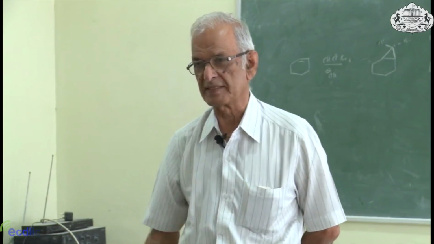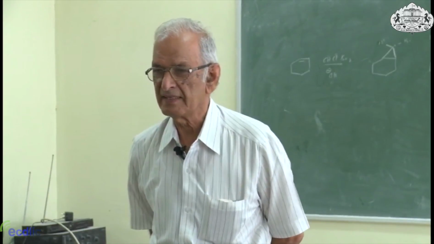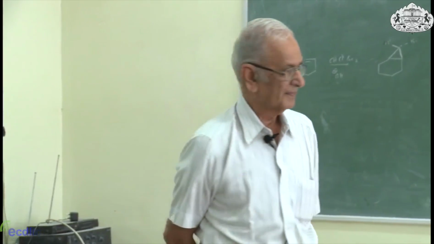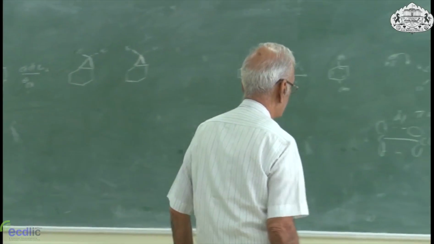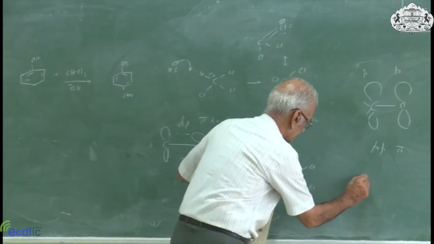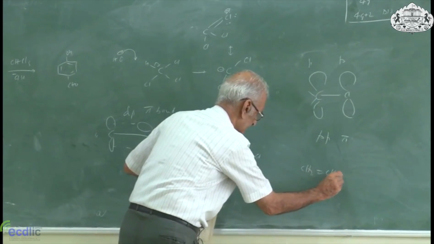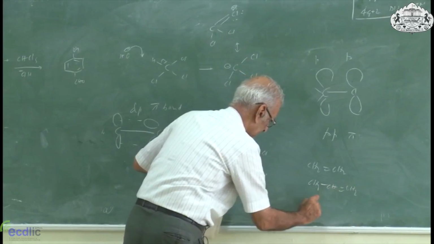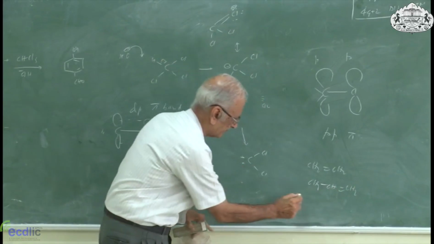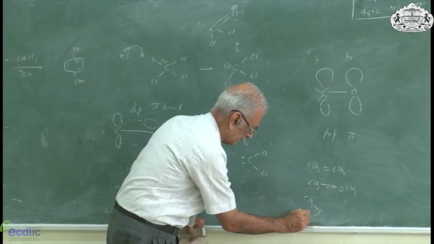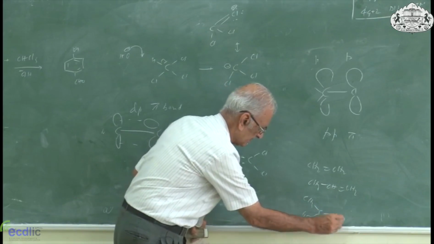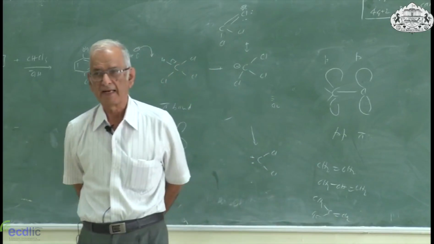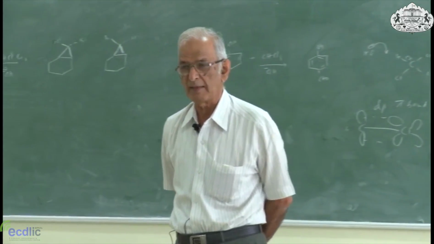How will I prove this? That carbene is an electrophile and not a nucleophile. If I compare rates of reaction, as I increase the alkyl groups on the double bond, what will happen?